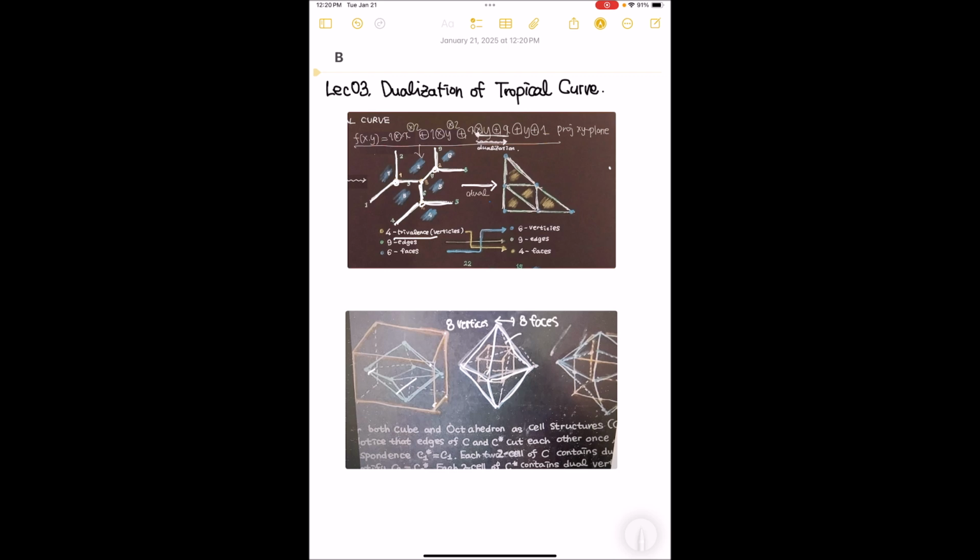We changed dual relation as we saw between the cube and octagon. Likewise, we can think about the dual image of tropical curve. So, the 4 tree valences are changed to 4 faces.